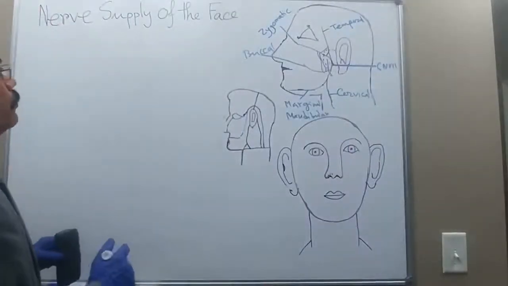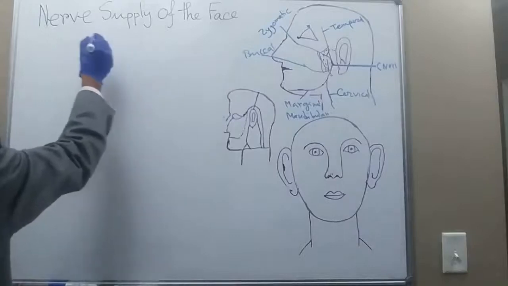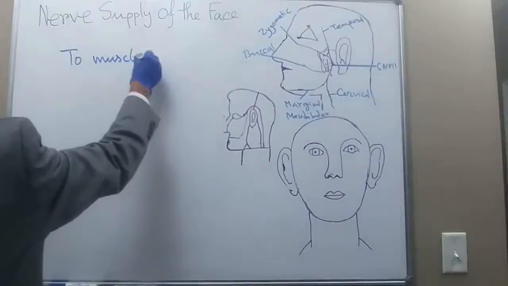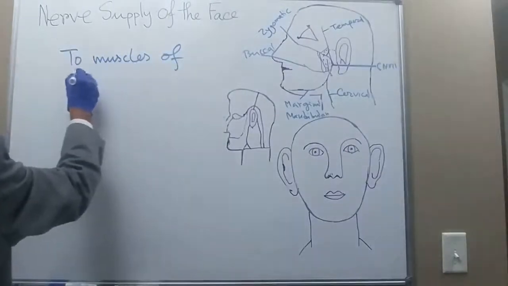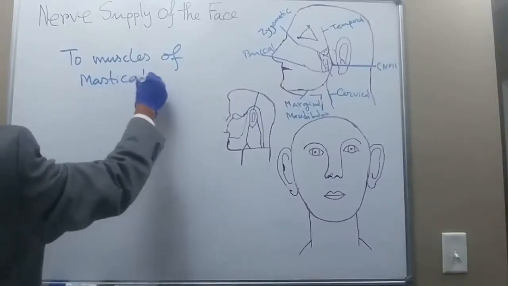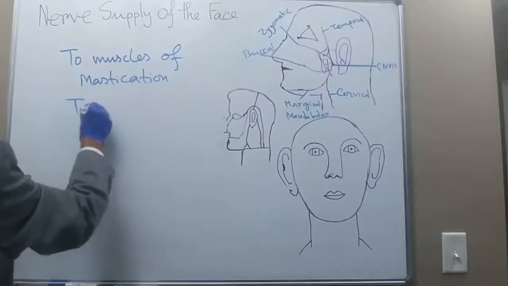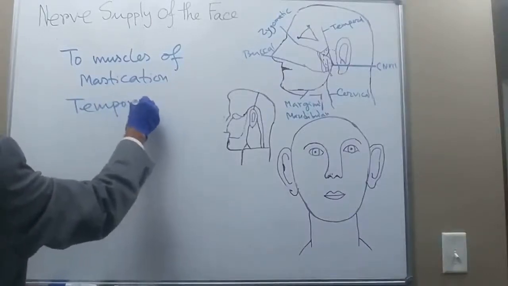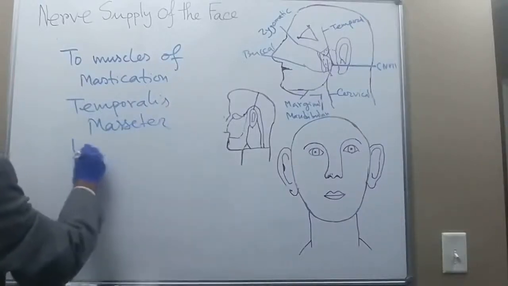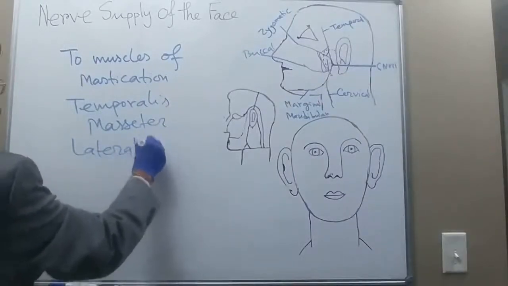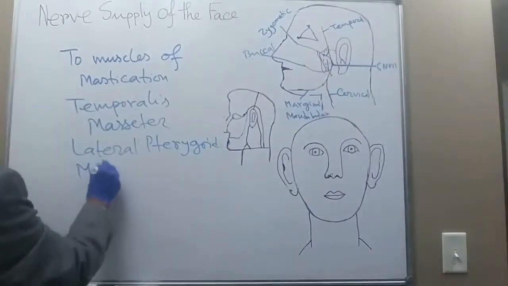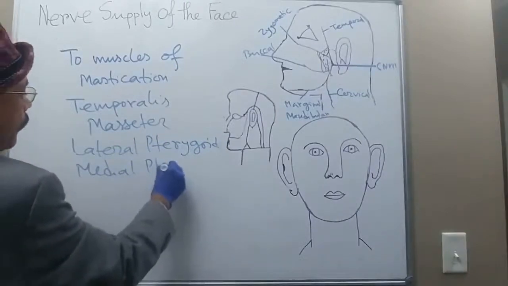Now we go to the nerve supply of the muscles of mastication, like the temporalis, masseter, lateral pterygoid, and medial pterygoid.